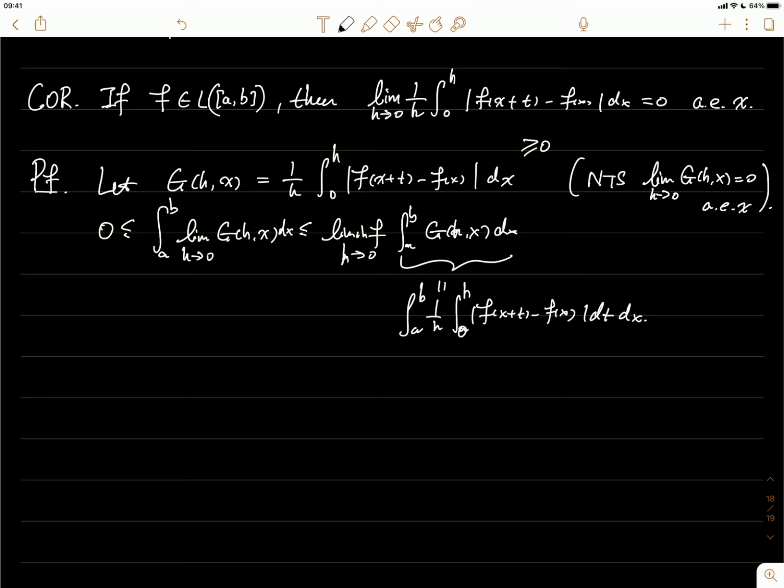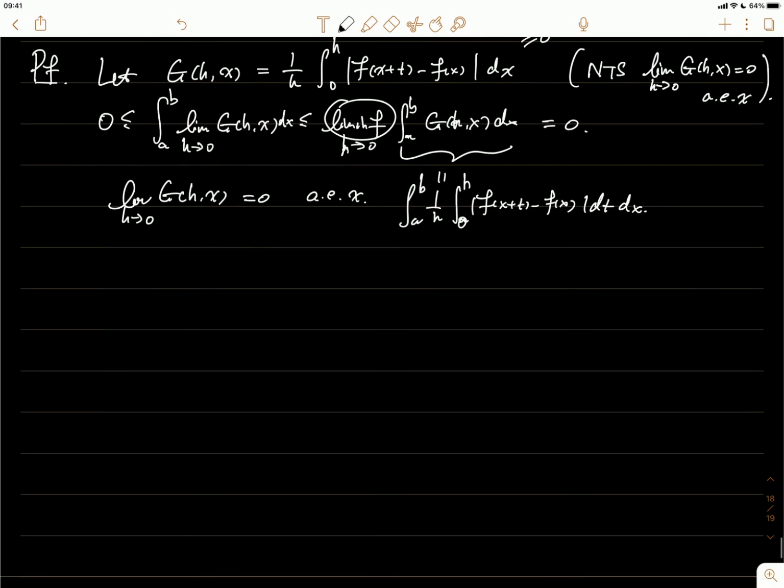So actually the limit here exists, so it can be the limit instead of the lower limit. And we know that this is equal to 0. This shows that the limit of g(h, x) as h goes to 0 is equal to 0 for almost every x. Okay, and that finishes the proof.